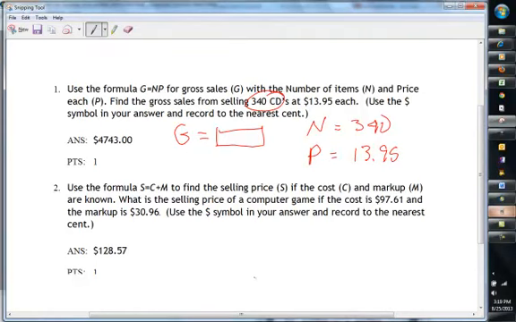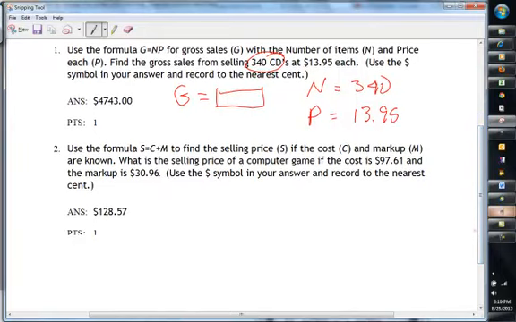Next one, use the formula S equals C plus M to find the selling price if the cost and markup are known. What is the selling price of a computer game if the cost is $97.61 and the markup is $30.96? So we are looking for the selling price. Let's go through the process to find out what that is.